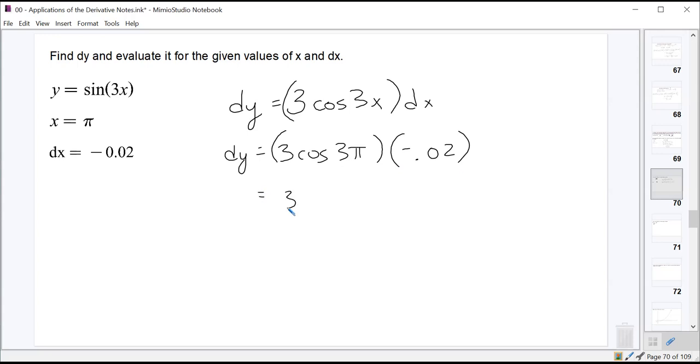So this is 3 times negative 1 times negative 0.02. And the negatives will cancel out, and 3 times 0.02 is 0.06. And so this is telling us that if the x value of sine 3x goes from pi to pi minus 0.02, our y value on that function is actually going to increase by about 6/100.